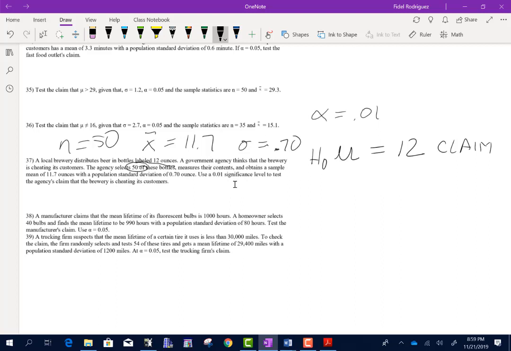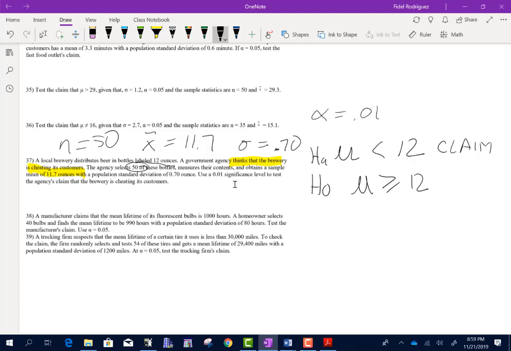So this was number 37, and I put less than, right? You know why I put less than? Because what is the government agency saying? They're cheating their customers, right? It's not going to be equal to, it's going to be less than. So that's actually going to be my HA, right? Okay. So then wouldn't my H0 be that mu is greater than or equal to 12?